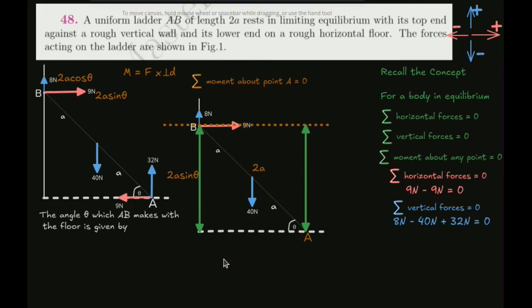Okay, then finally let us find the perpendicular distance of this 40 Newton force, which is simply the weight of our ladder. Okay, drawing our line of action. You might have guessed it, the perpendicular distance will be here from the pivot to the line of action of the force.